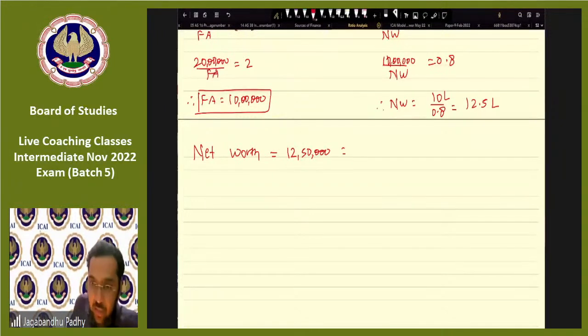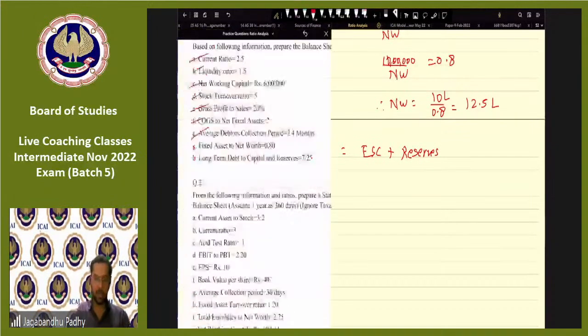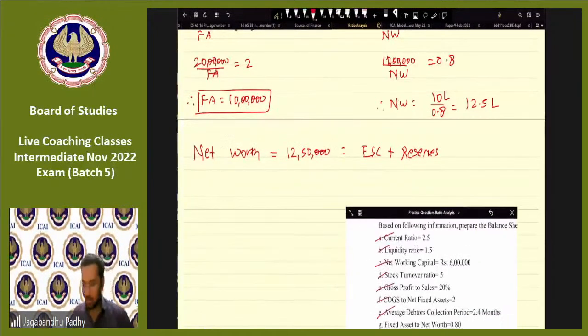Remember, this net worth is equity share capital plus reserves, because no information is given regarding the preference share, so we are simply ignoring that. Then the next ratio that we have got is long-term debt to equity share capital and reserves.